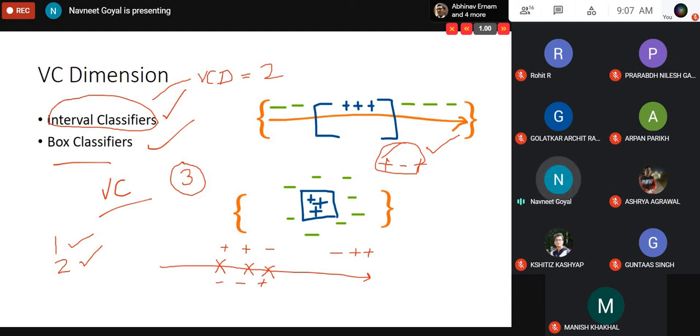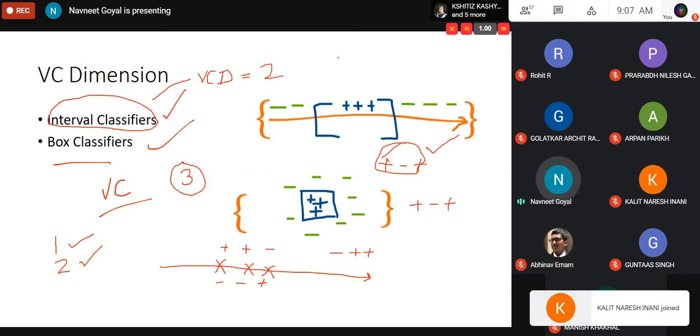Now if I am using interval classifiers, what kind of solution can I propose for this situation where there are two pluses and in the middle you have one negative? Can you give me a solution for this? This will be the union of two intervals.